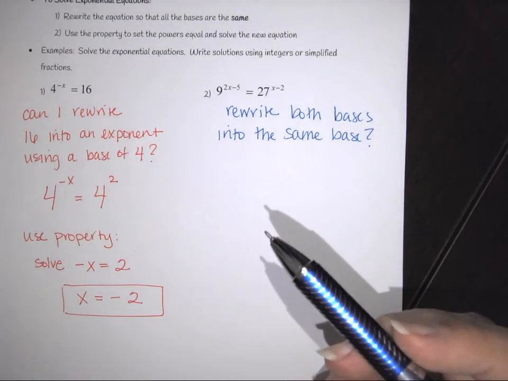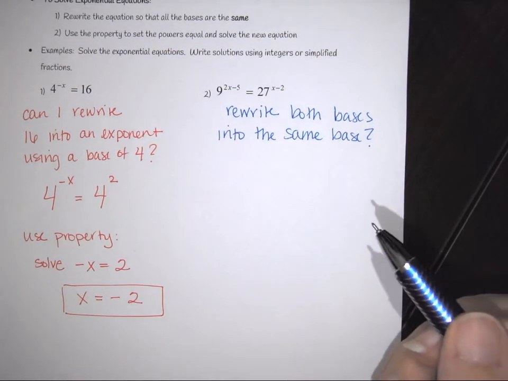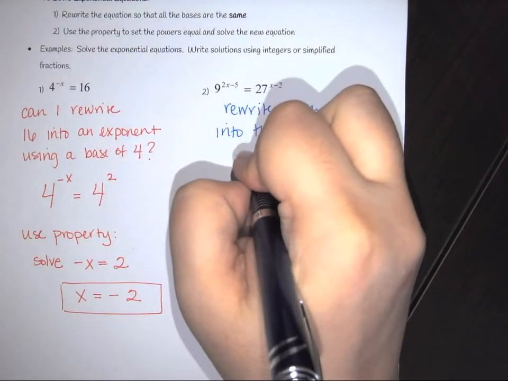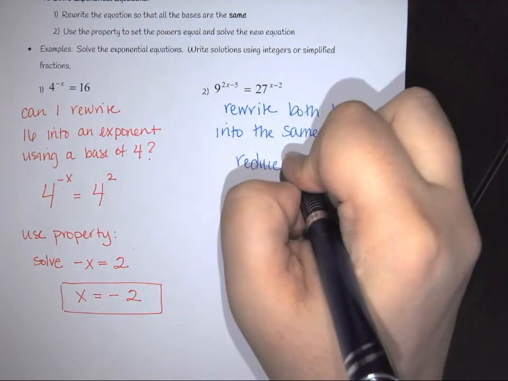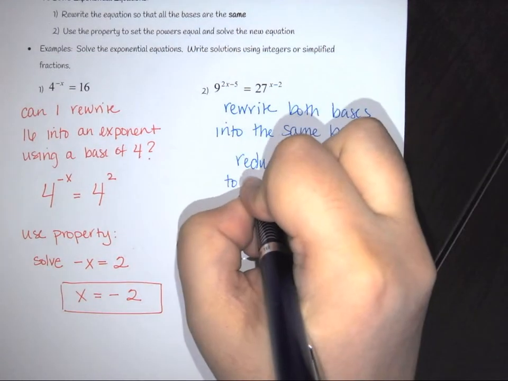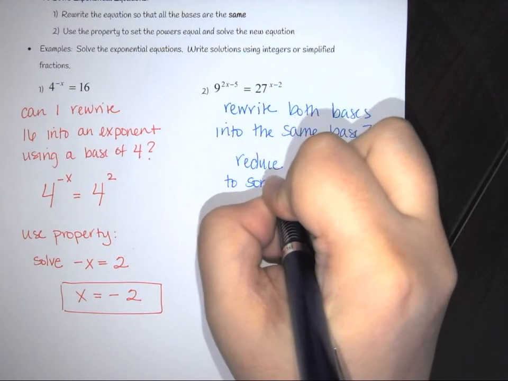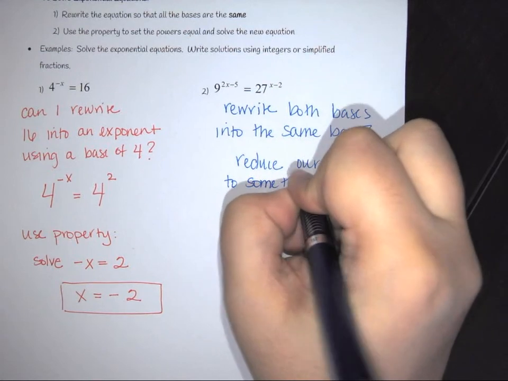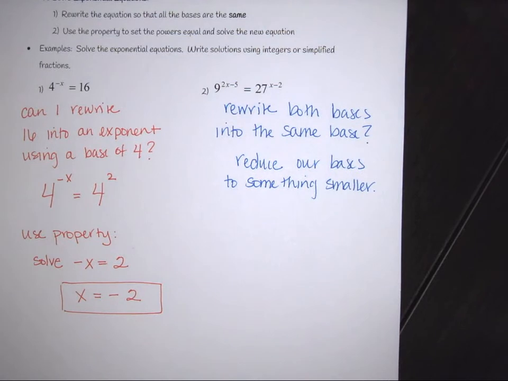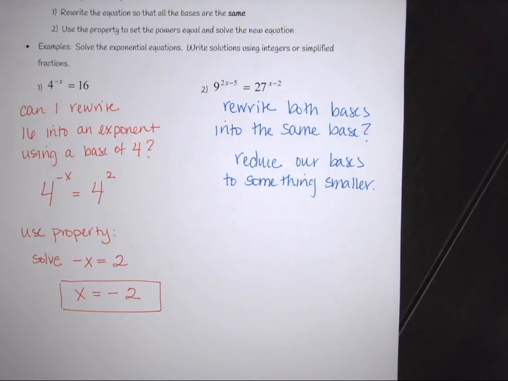Okay, so the idea that we're using here is we want to reduce our bases to something smaller. So what's in common between 9 and 27? Well, the answer there would be 3.